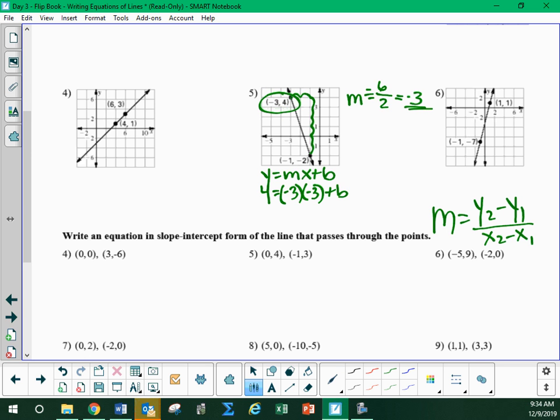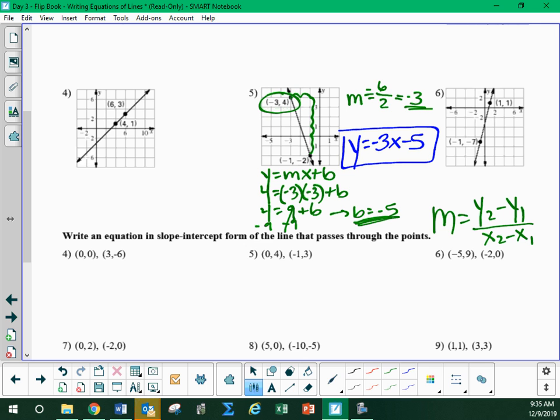Again, you can pick either point, I just chose the first one. So I have 4 equals 9 plus b, and I get b is negative 5. Alright, so I have my slope, I have my b. Now to start my equation: y equals my slope, negative 3x, plus my b value, which is minus 5. So that'd be y equals negative 3x minus 5. You got it.